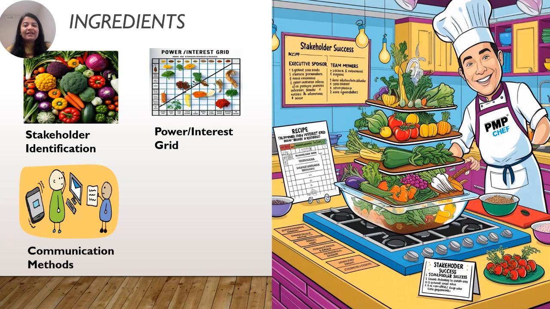Next we have the communication method, or we can say the cooking methods that we are going to be using for cooking this effective stakeholder management plan, like whether we need to cook it on a high flame or a low flame. Each of these cooking methods is going to play its important role. In order to give it, let's say, a smoky flavor, we need to cook it in a different manner.